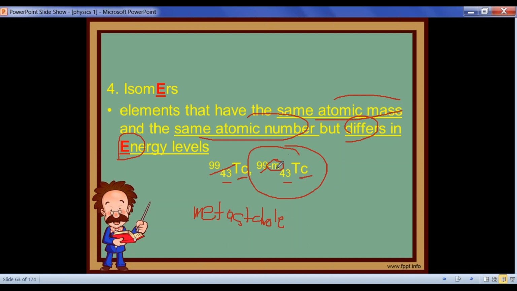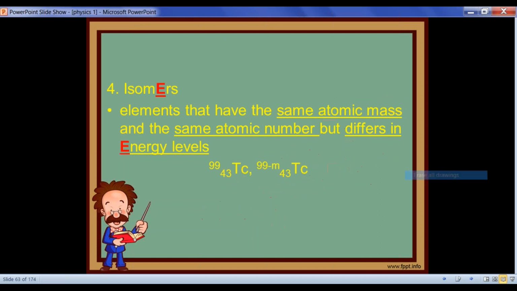So when it gives off its extra energy in the form of gamma rays, it will now become stable. So basically we have isomers, the same element, the same lahat, but they differ in energy levels.